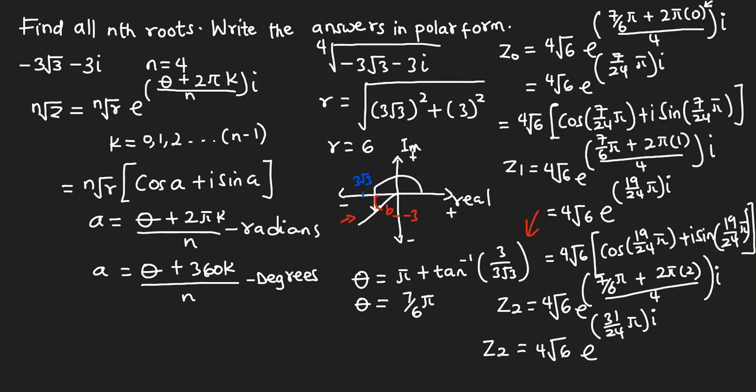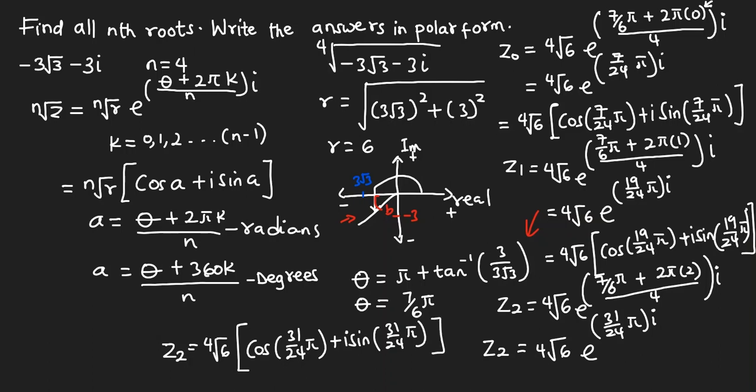So writing this in polar form, we're going to get z2 to be equal to the fourth root of 6, and then you have bracket open cosine of 31 over 24 pi plus i sine of 31 over 24 pi. Okay, so that will be for the third root.